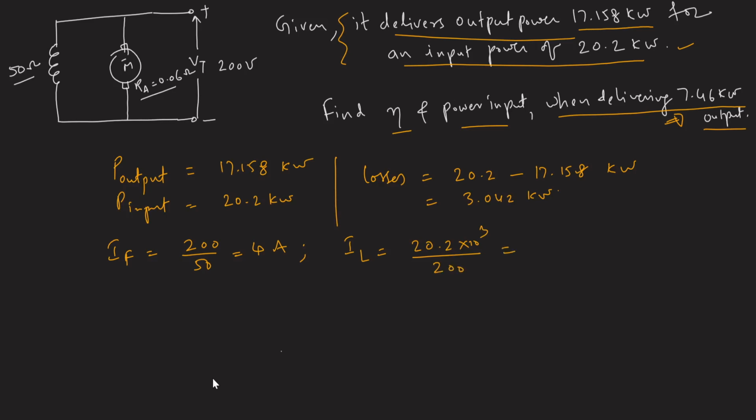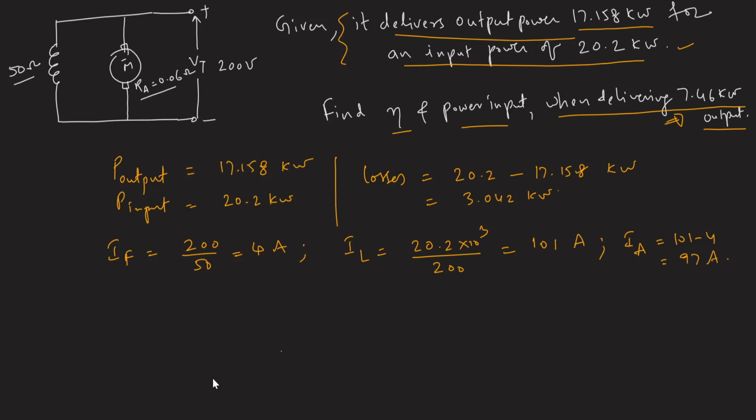So this is 101 amps. Now from this I can calculate the armature current. 101 minus 4, so it is coming to 97 amps, right?